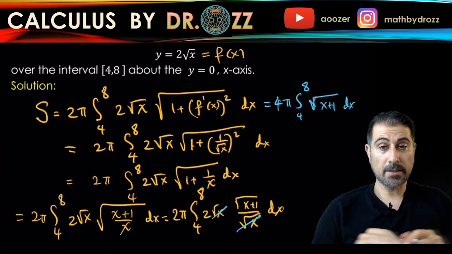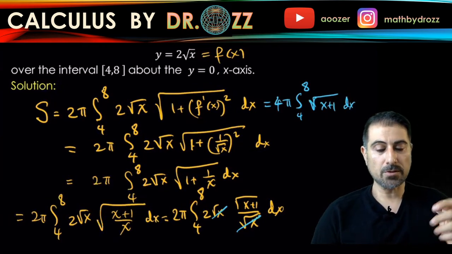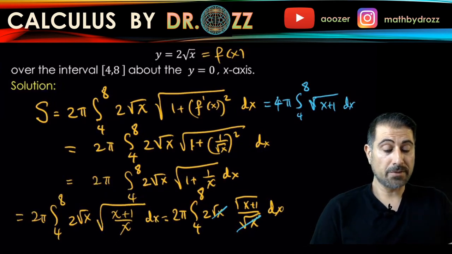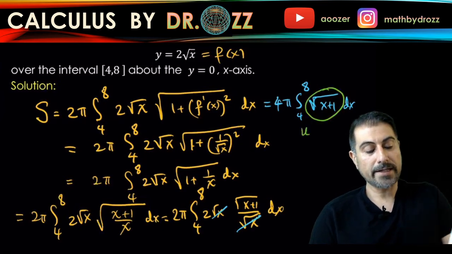I'm going to clean up the rest, and we're going to work on this definite integral because we can use a u substitution to find the antiderivative of this function. Go ahead and use u equals x plus 1 type u substitution.